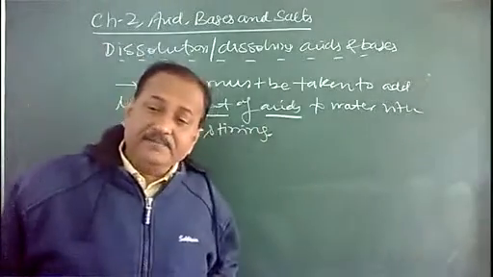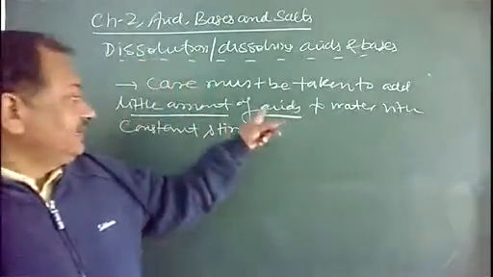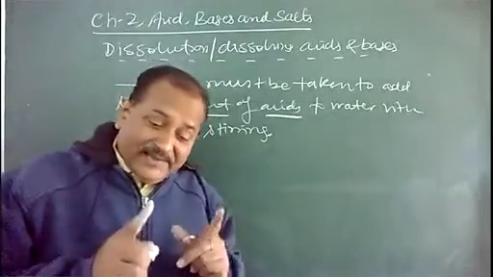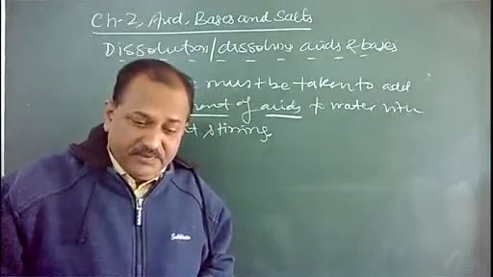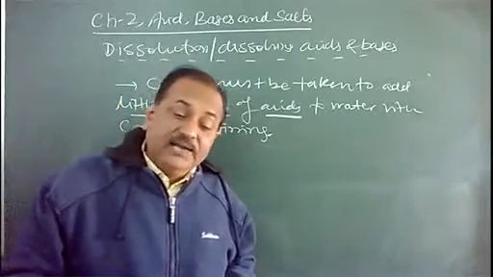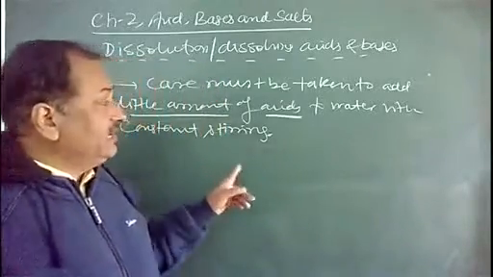And so what will happen? As we are adding in a small amount with constant stirring, the heat produced during the dissolution will be dissipated, meaning it will be given out.